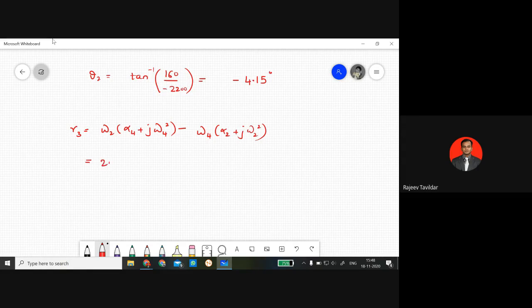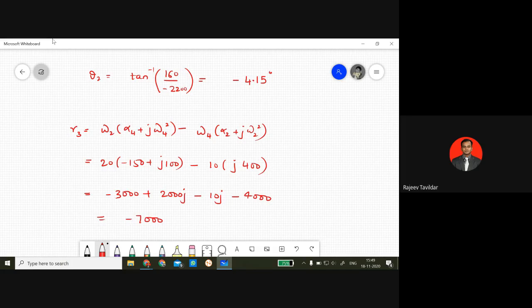So omega 2 is 20, alpha 4 is minus 150 plus j into omega 4 square, which is 100, minus omega 4, which is 10, times alpha 2, which is 0, plus j omega 2 square, where omega 2 is again 20, and 20 square is 400. So without a calculator also you can do this.